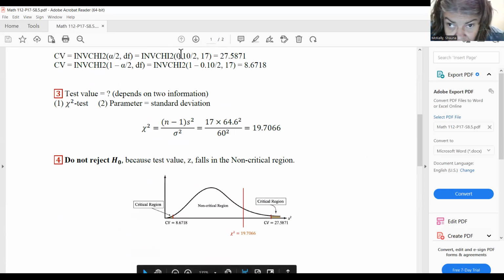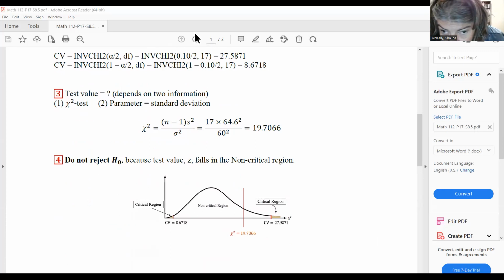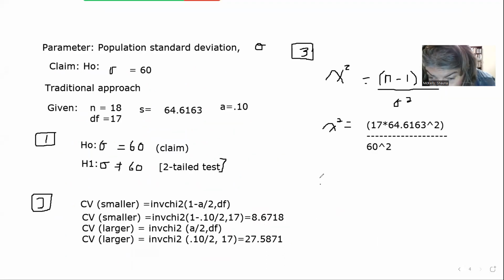So chi-squared is equal to, this comes out to be 19.7165.